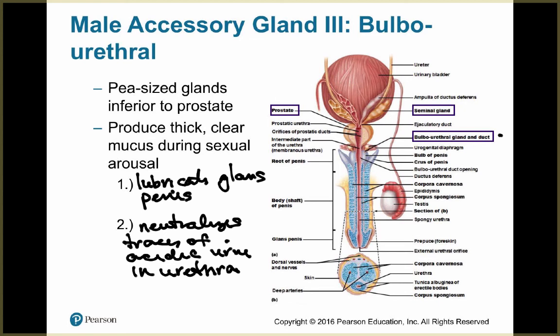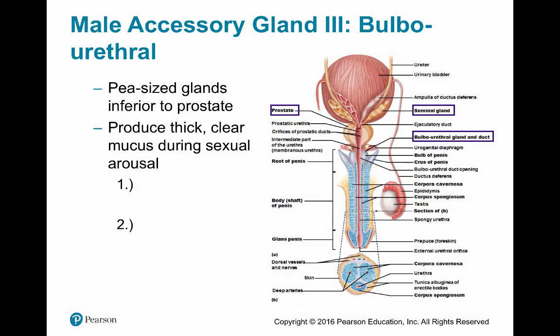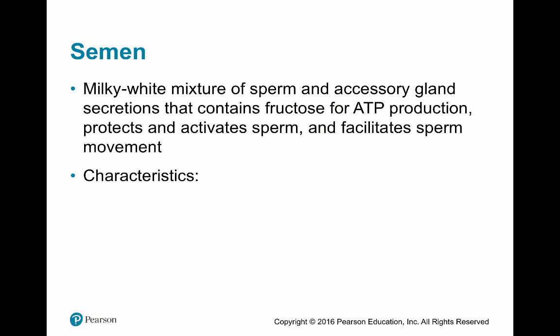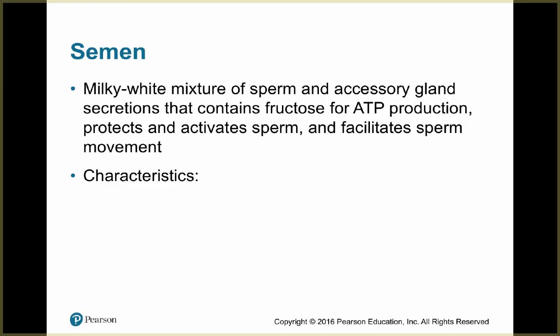Now, what's going to go through here? Well, sperm, of course, but sperm is part of something bigger, right? Essentially known as semen. And semen is this white milky mixture of sperm and accessory gland secretions, right?